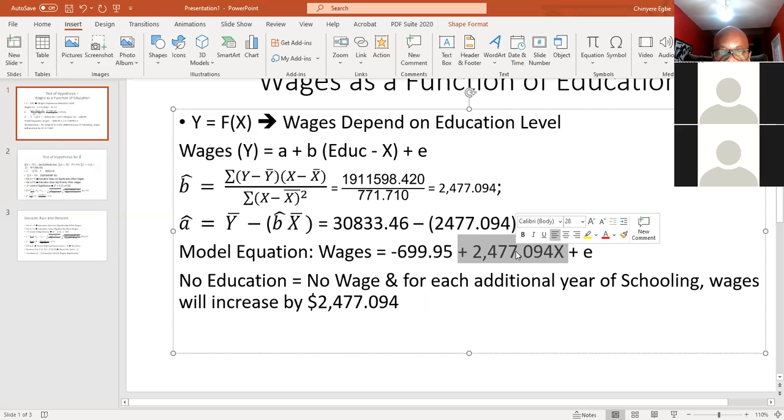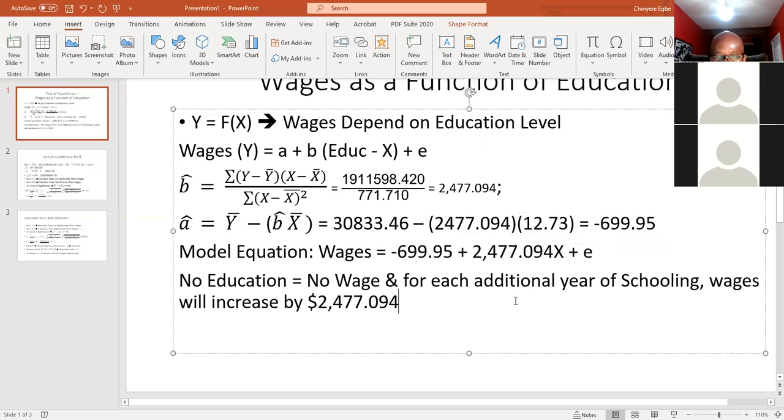But for every 1 year of additional education, your wages will change by B. So if B is positive, your wages will increase by B. If B is negative, your wages will reduce by B.